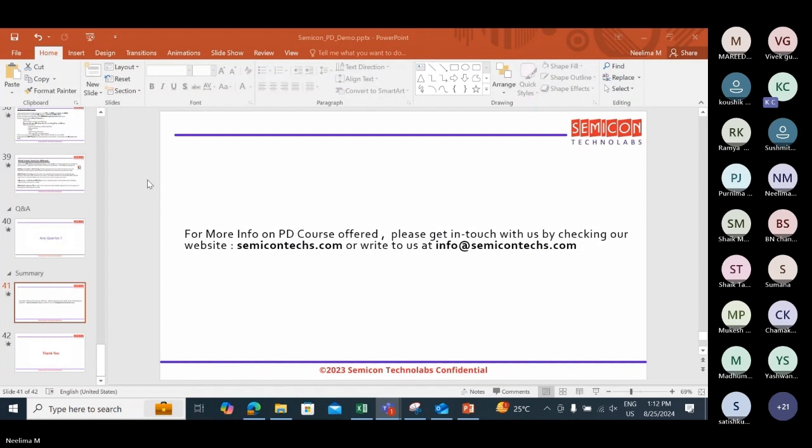The main intent of Semicon, the way we teach physical design or any other courses, is that we go from scratch, no matter whether you are from electronics and communication or other relevant domains, so that everything will be covered. By the end of the course, you will have basic level to advanced level topics covered, along with hands-on tool expertise, and the added advantage of scripting to compete in this market. Okay, that's absolutely fine.